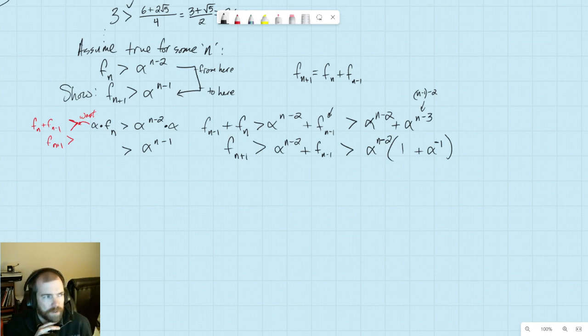I don't think that's going to help. Right, or n minus 1 times alpha to the negative 1 plus alpha to the negative 2. I don't think that's going to help either.